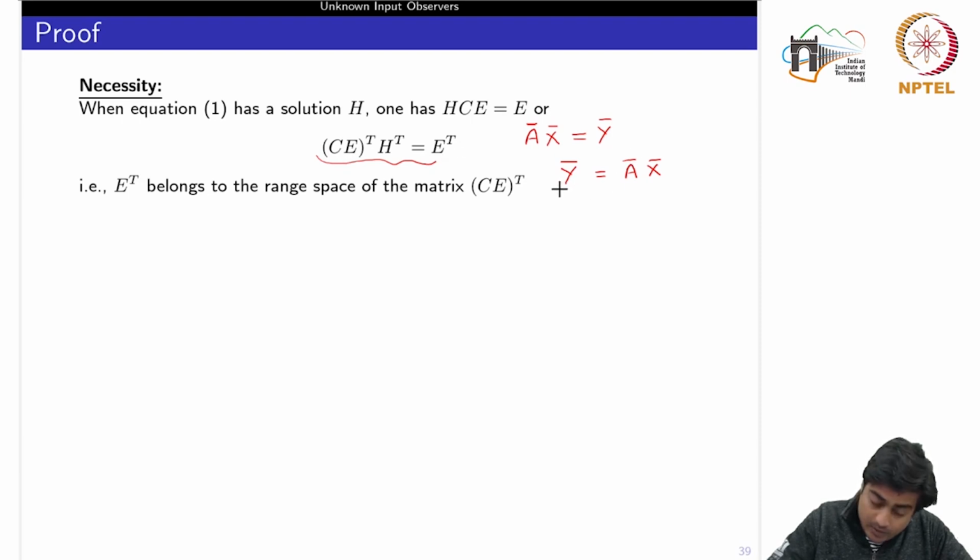If you recall the controllability week where we introduced range spaces and null spaces, you would see that Y bar should belong to the range space of the matrix A bar. Now Y bar is nothing but E transpose, and A bar is nothing but CE transpose, meaning to say that E transpose should belong to the range space of the matrix CE transpose.